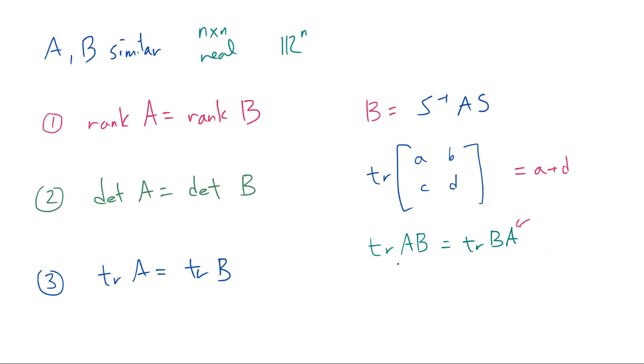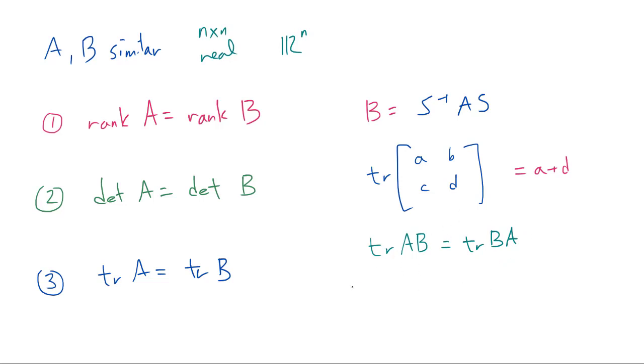The proof just consists of multiplying A times B, multiplying B times A. Just brute force multiplication. You can just add up the diagonal entries and you'll see that the sum of the diagonal entries are going to be the same, even though the diagonal entries themselves are not necessarily going to match. Since this is very tangential to the theory of similar matrices, I'll just take this for granted.